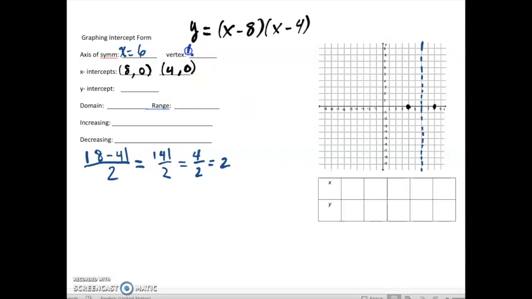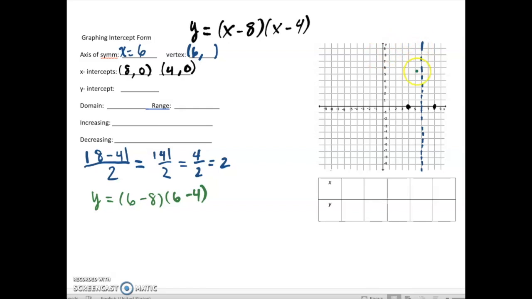Fantastic. So I'm going to go ahead and put my vertex down. I know my x value. I need to find out where my y value is for my vertex. So let's do that. Notice that I don't put in 2 here. Again, I'm using the x value, which is 6.